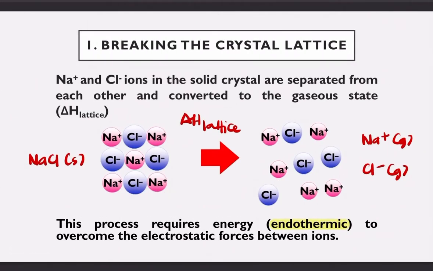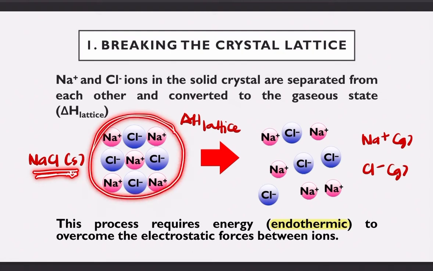So let's look further into the two stages. Here we have our ionic solid. This is an endothermic process when you break the bonds between your solid crystal, your ionic solid. This is called lattice energy or delta H lattice, and this will be endothermic.